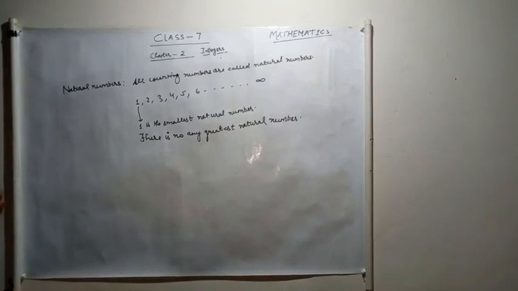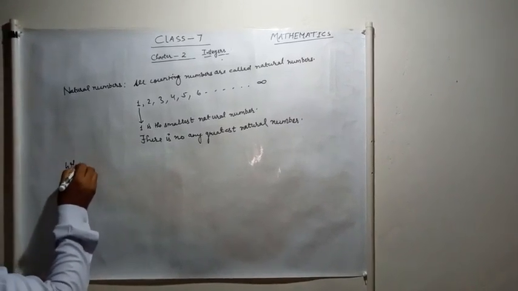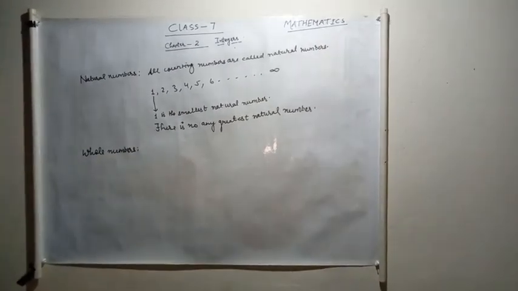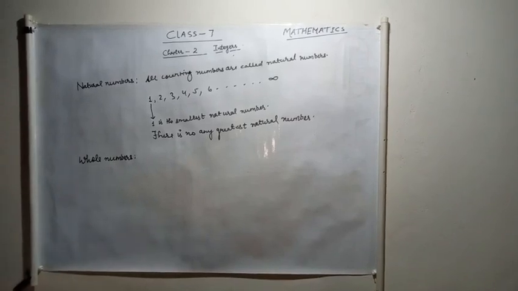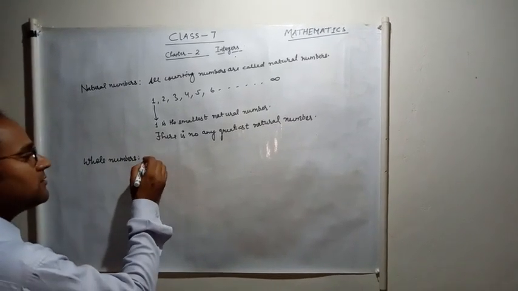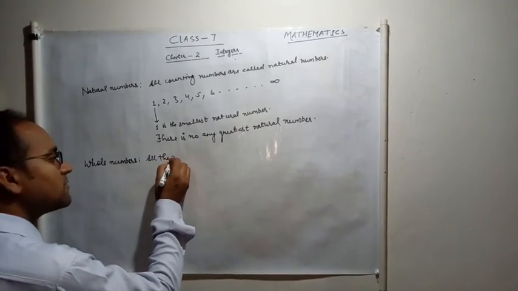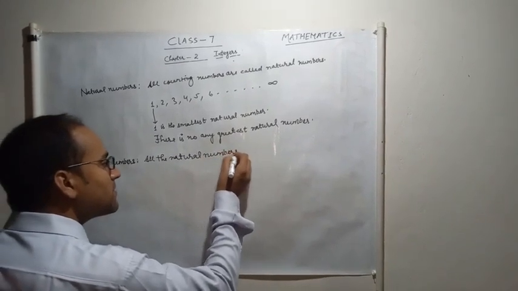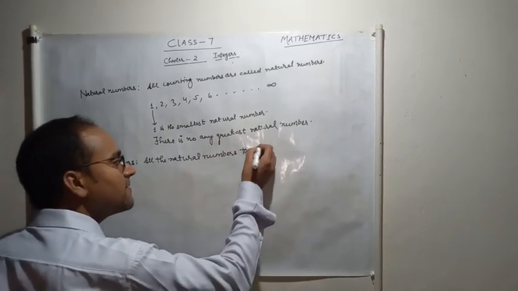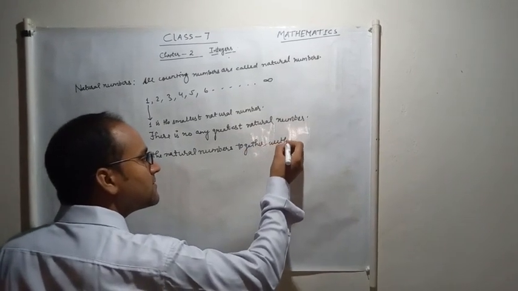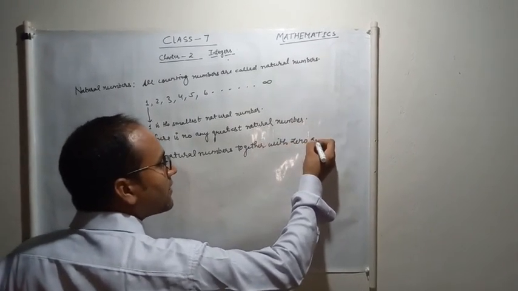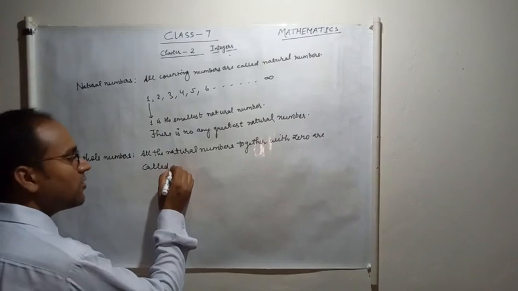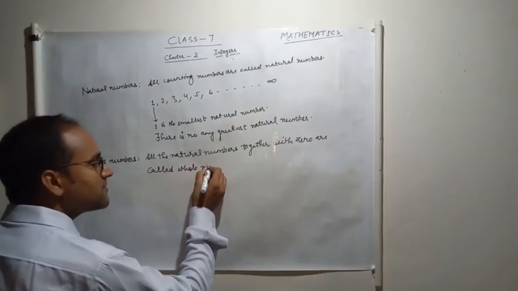Then I'm going to explain whole numbers. All the natural numbers together with 0 are called whole numbers.